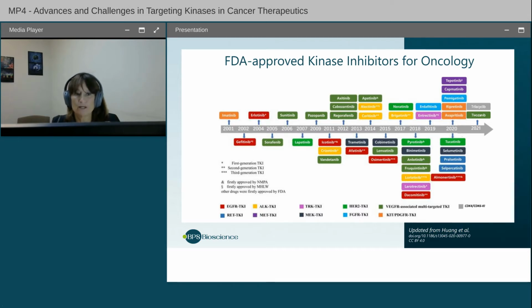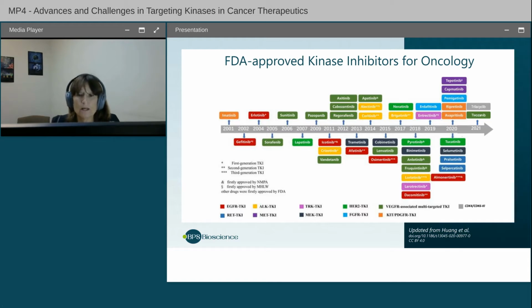The first tyrosine kinase inhibitor that was ever approved was imatinib, which is also known as Gleevec. That was initially used to target blood cancers with a BCR-ABL fusion and was later expanded to target other ABL-linked tumors, such as a gastrointestinal stromal tumor.